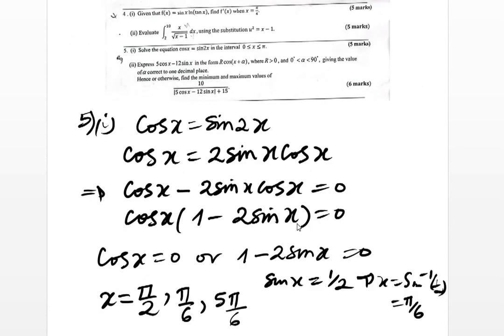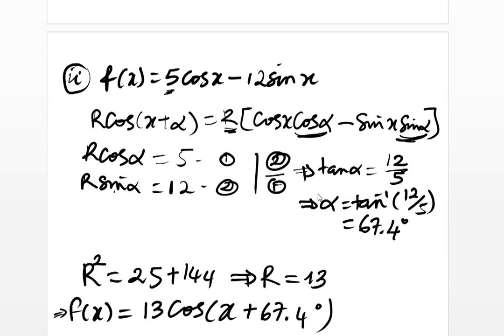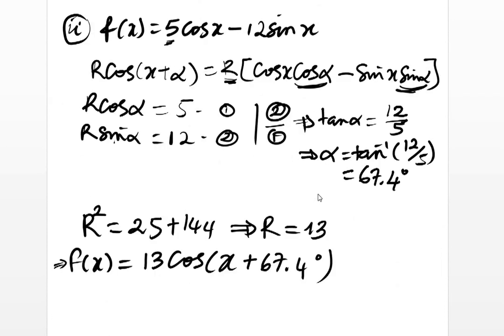Now the B part asks us to obtain the minimum and maximum values of 10 over the magnitude of 5 cos s minus 12 sin s plus 15. Now how do you obtain the maximum and minimum values?